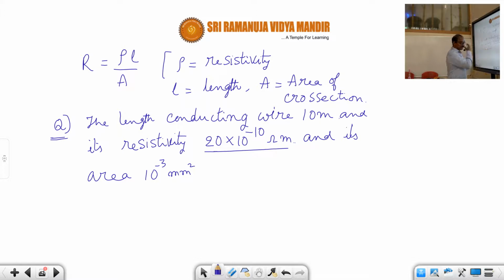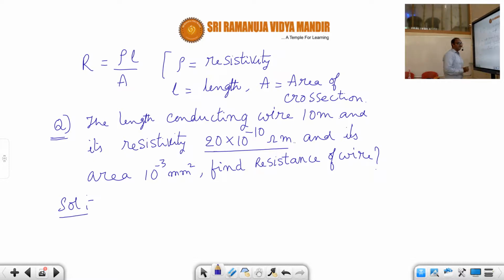Find the resistance of the wire. The wire resistance we need to calculate. Understood? Now look at the solution.